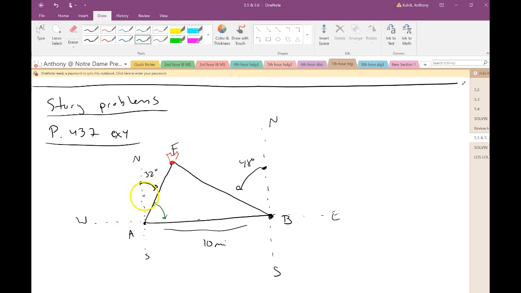Right? Why 90? Because that is a right angle, correct? Everybody agree with that? So, A is equal to 90 minus 32, or 58.